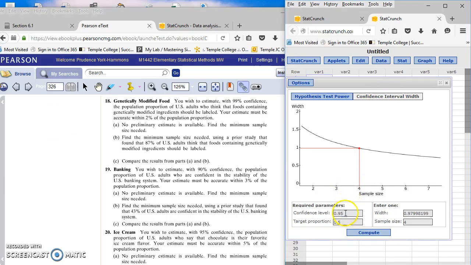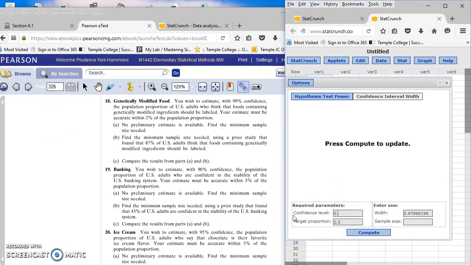Our confidence level was 99% or 0.99. The target proportion is 0.50 because we have no preliminary estimate, there's not been a study done where we can figure out what the estimate was. And now the width, it says it has to be within 2%. That's 2% above or 2% below. So that's a total width of 4% or 0.04 for the width.